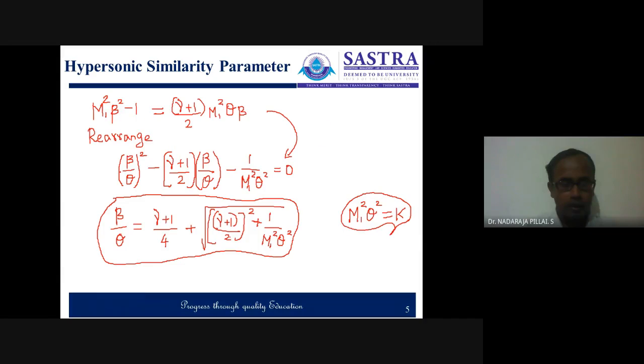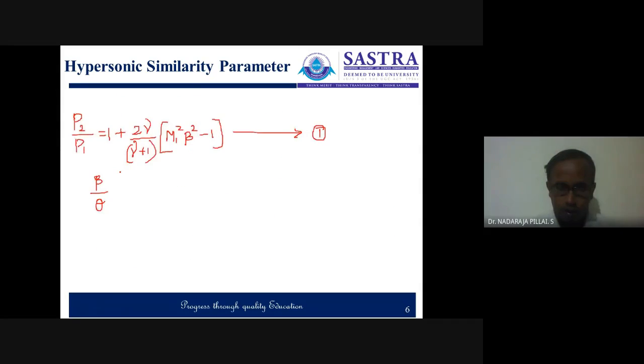Beta by theta is equal to gamma plus 1 by 4 plus root of gamma plus 1 by 4 square plus 1 by m1 square theta square.